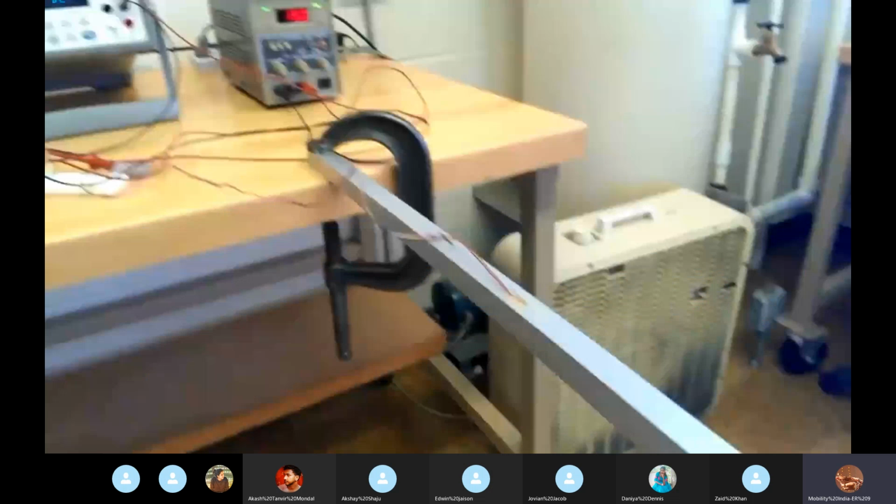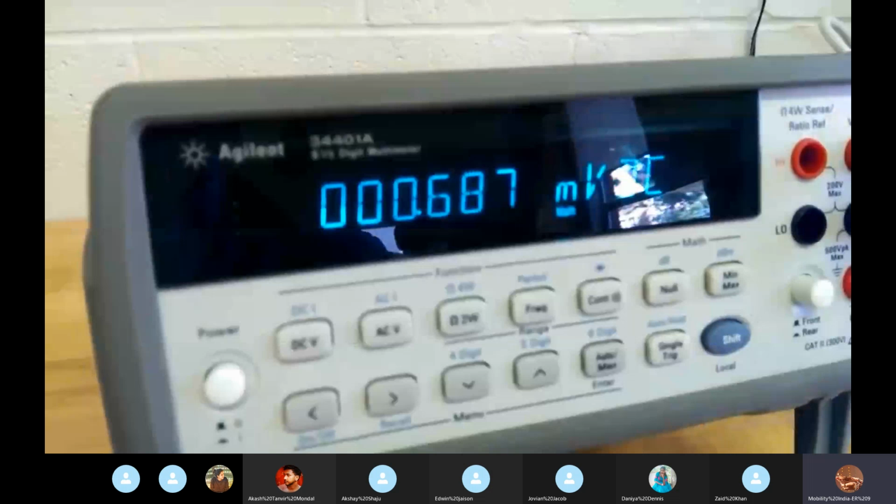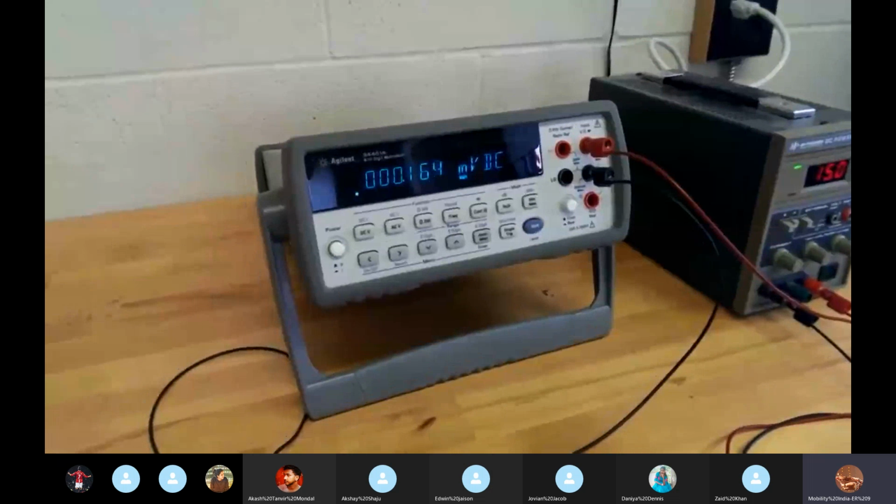You'll see an increase in voltage. You can see that the voltage went up to 0.4 millivolts. Now, as you can tell, it drifts a lot. It's already up to 0.6. So what you're going to have to do your best is put the weight on and then take your reading as quickly as possible to avoid the effects of the drift.